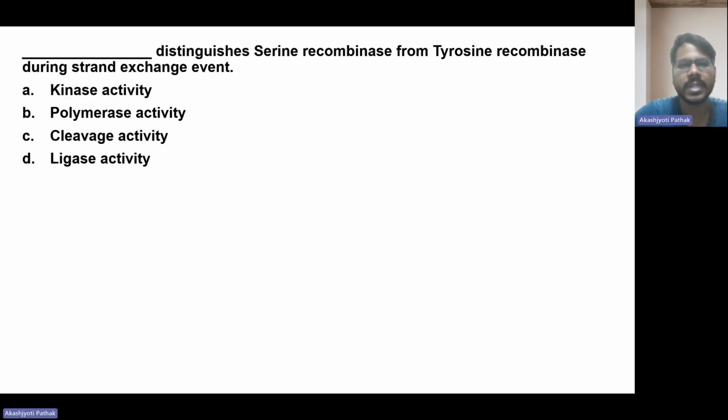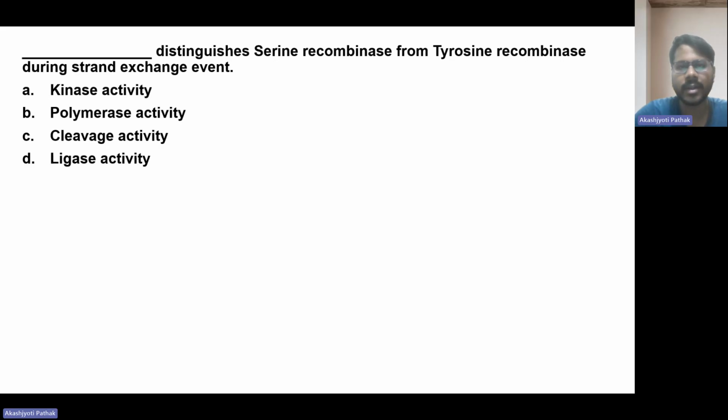So now to answer this question, distinguishes serine recombinase from tyrosine recombinase during strand exchange events. So just now we saw how a serine recombinase differs from the tyrosine recombinase. Now you can answer this question.